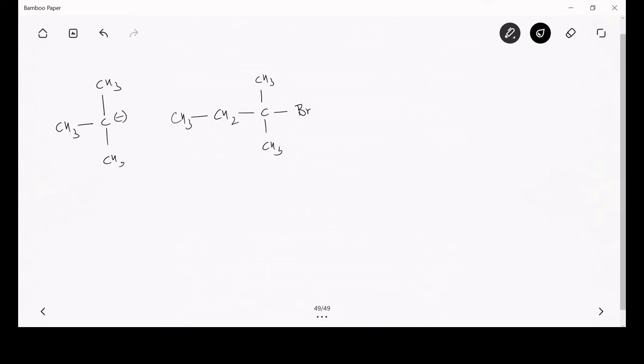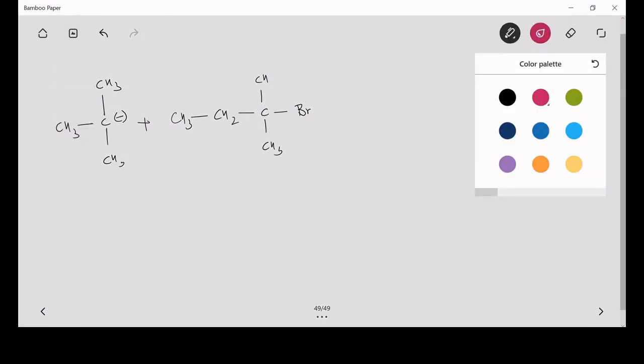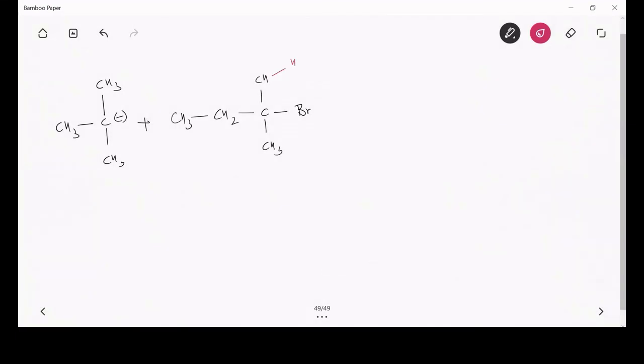Okay, so what will it do now? Now also there are two preferences. It may take a proton from here, because here also we have one proton.